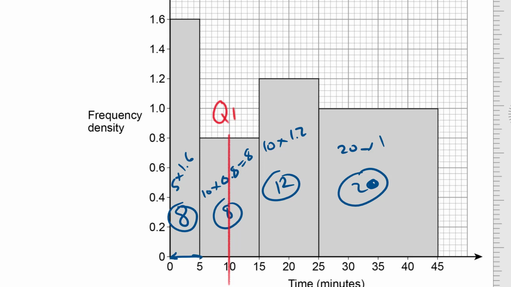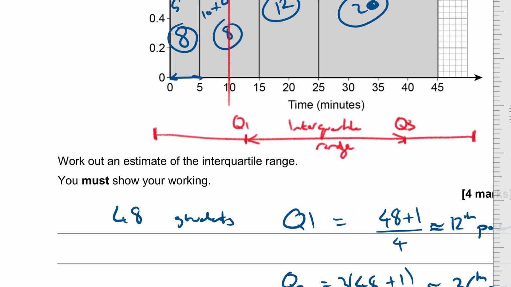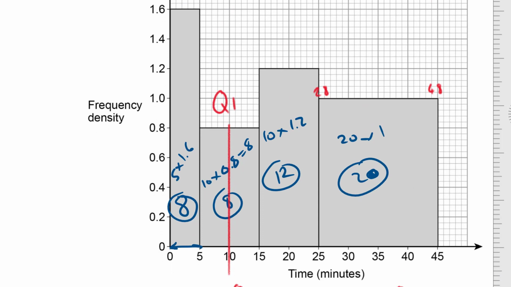So if that was the 28th person and this one then is the 48th person, and I'm looking for the 36th person, how far along that bar is it proportionately? Well, the distance between 28 and 36 is a distance of 8, and the distance between 36 and 48 is a distance of 12.